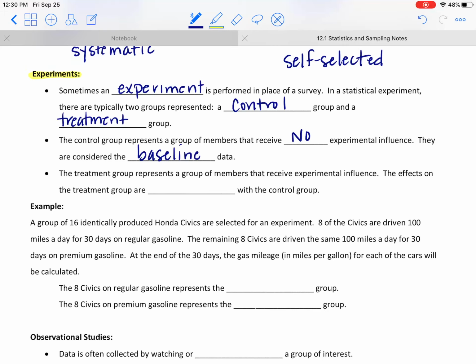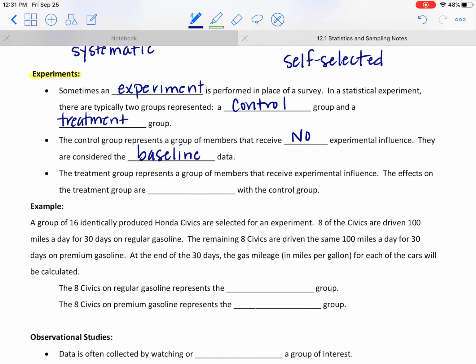So again, if you had 10,000 people for your new allergy medication, 5,000 of them are not going to receive the medication. These are your baseline. The other 5,000 that are getting the medication, what happens to them gets compared to those that didn't. So we can see that the 5,000 people that got the medication weren't nearly as congested or sneezing as much as the other 5,000 who didn't get the medication, just for example.